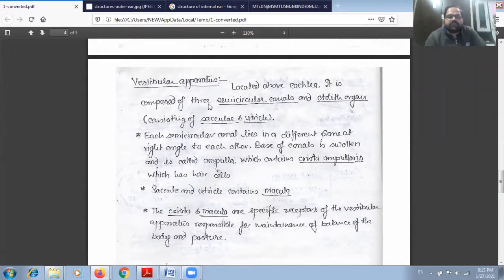It is composed of three semicircular canals and the otolith organs, or saculi and utriculi. Each semicircular canal lies in a different plane at a right angle to each other, and the base of the canal is swollen and called the ampulla, which contains the crista ampullaris, which has hair cells.